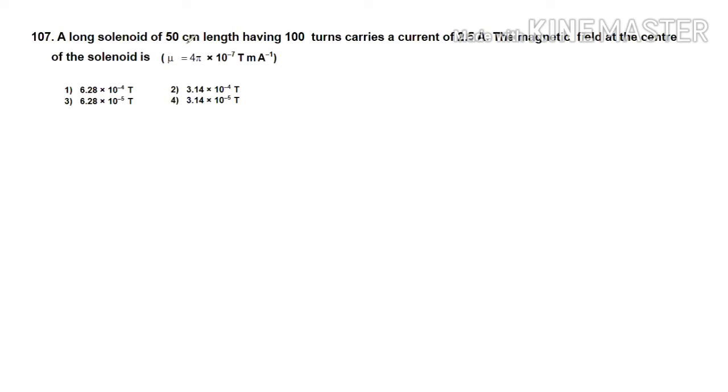A long solenoid of length 50 centimeters having 100 turns carries a current of 2.5 ampere. Then the magnetic field at the center of the solenoid. So they are asking magnetic field at the center. So we know the formula that B is equal to mu naught n i. So mu naught, number of turns present per unit length, into i.